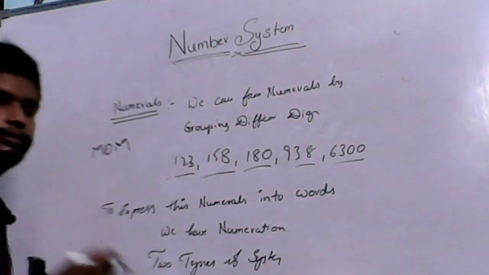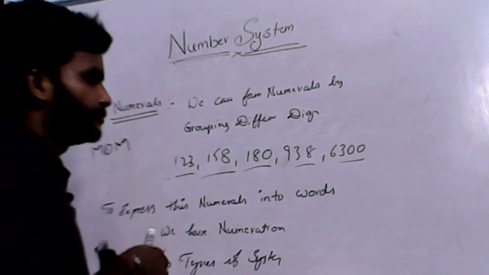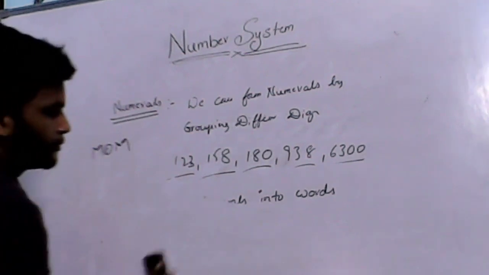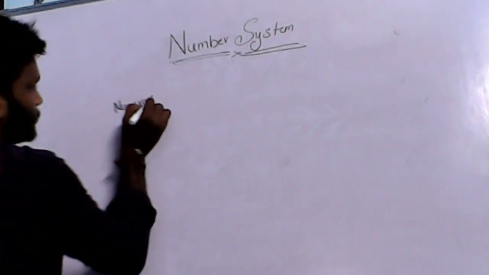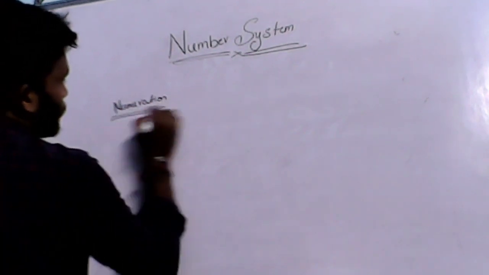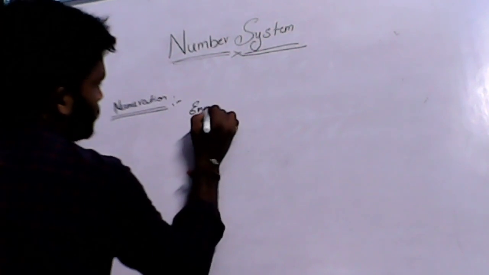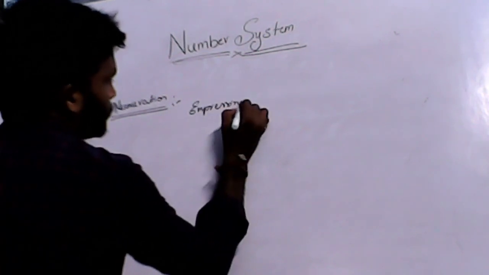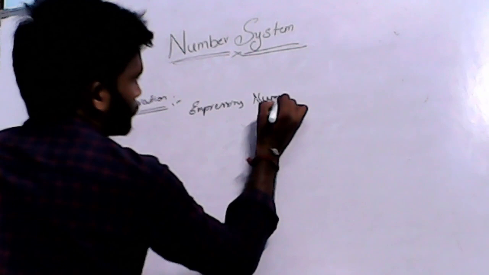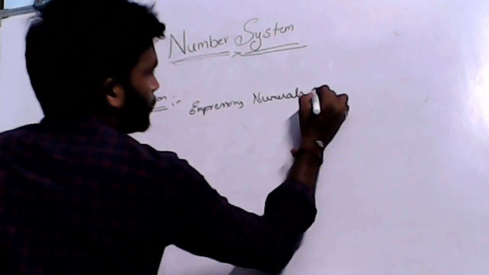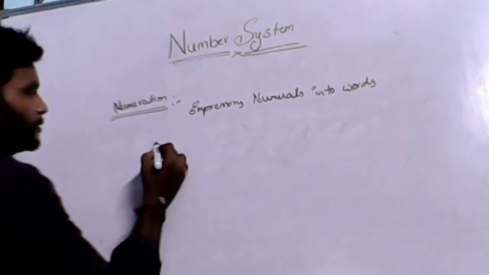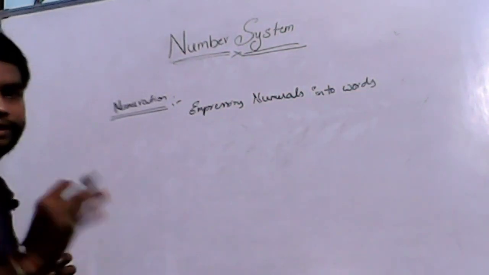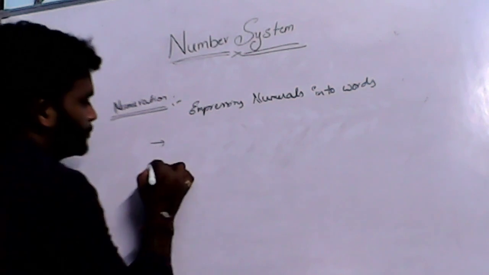One is based on our region. So numeration, expressing numerals into words, is nothing but numeration. For numeration, based on the region, we have two types.